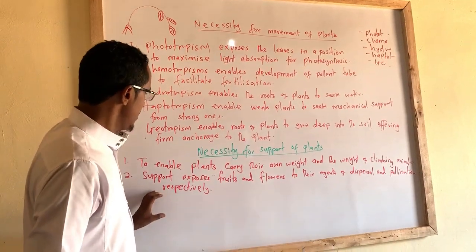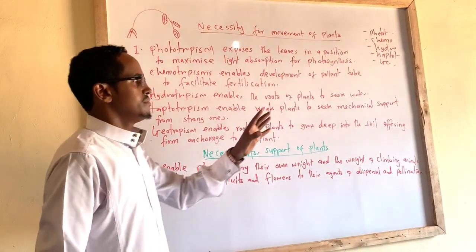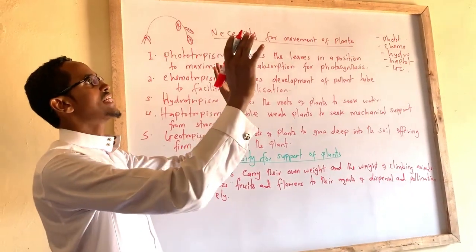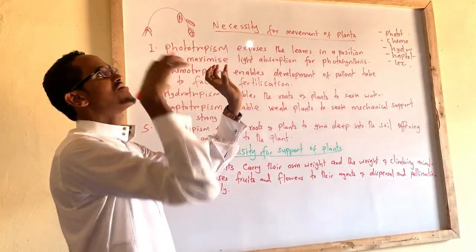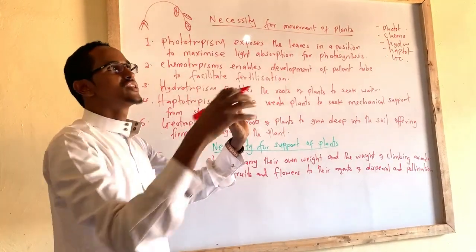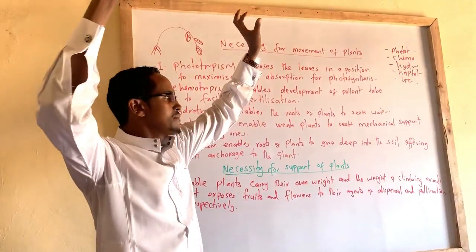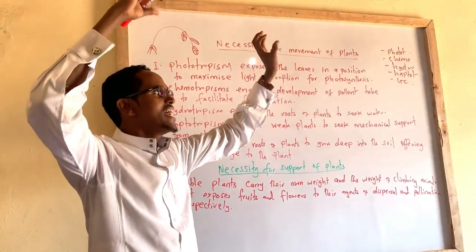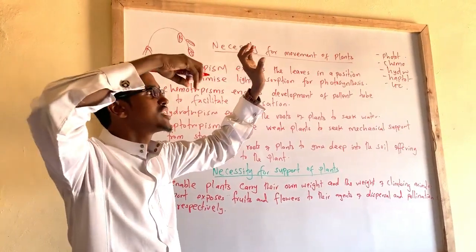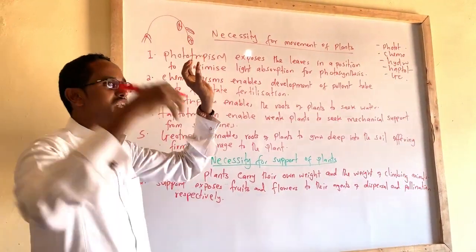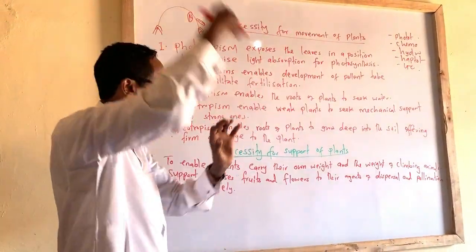When plants are well supported, they can grow upright and expose their flowers and leaves to the agents that will help disperse the seeds and fruits away from the parent plant, and help in pollination, the transfer of pollen grain from the anther to the stigma.